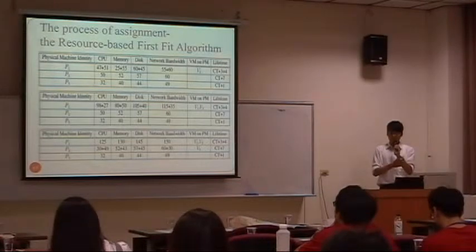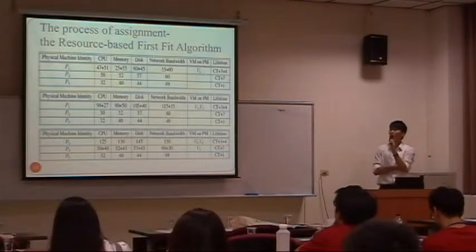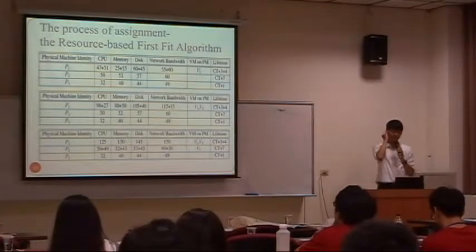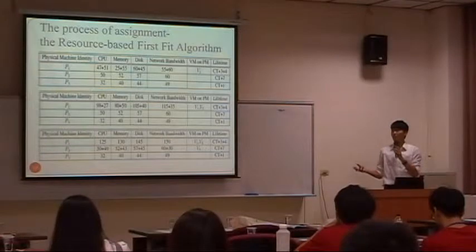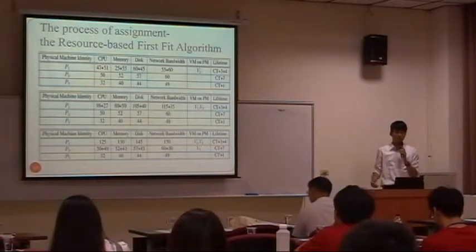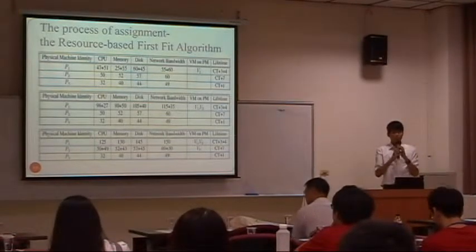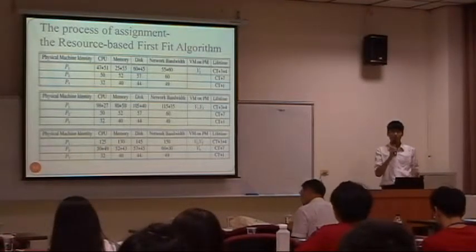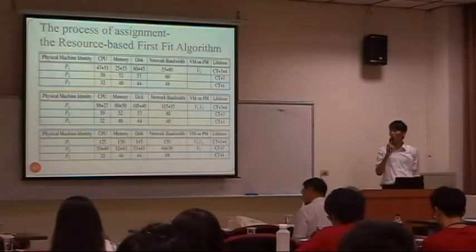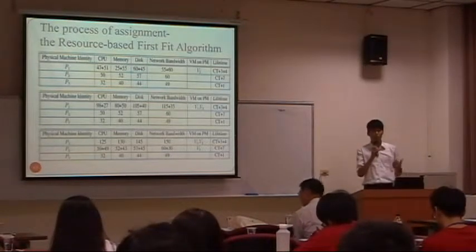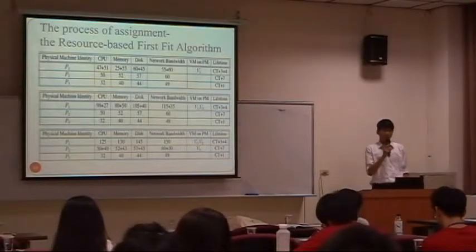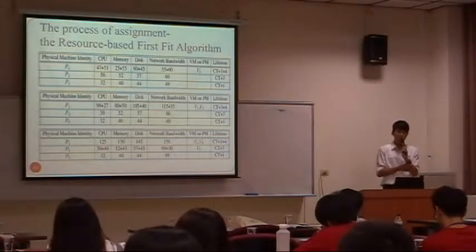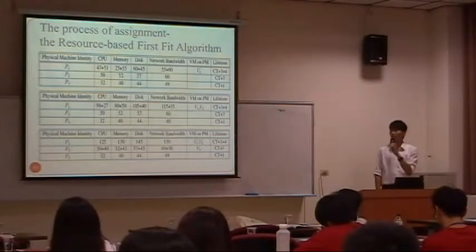When virtual machine V1 arrives, the cloud scheduler checks the first PM, P1, to see whether the available resource of P1 is larger than or equal to the virtual machine's resource requirements. Obviously, the available resources of P1 are larger than the resource requirements of V1.